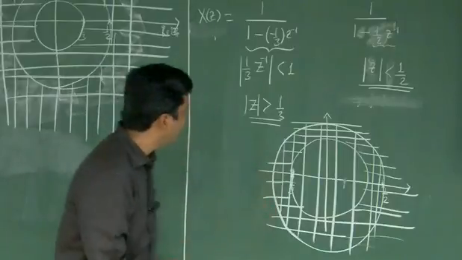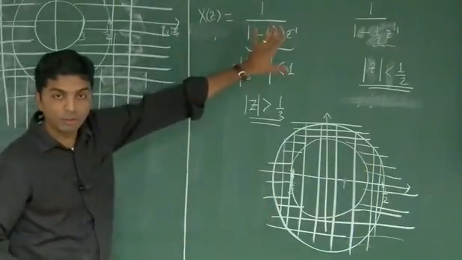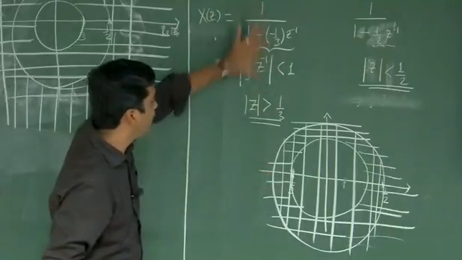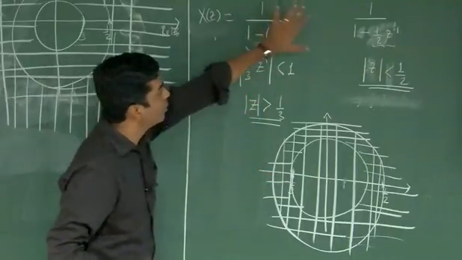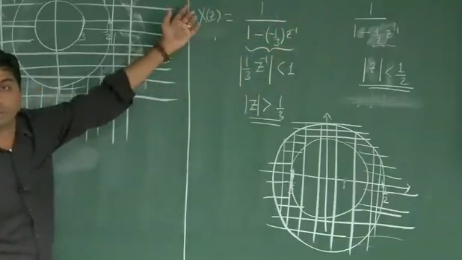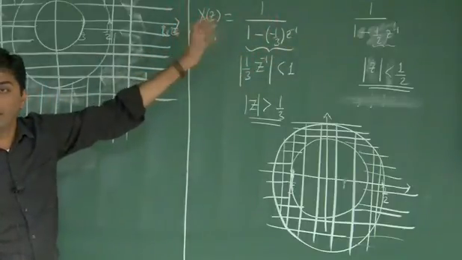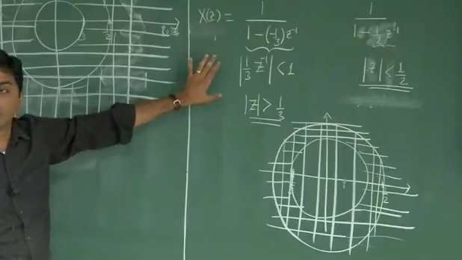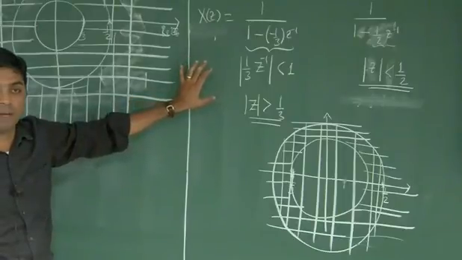So the point is that when you have such linear combinations, the ROC is going to be the intersection of the ROCs for the individual sequences in that signal. Okay, that's the key takeaway from here, right? Clear? Any questions?